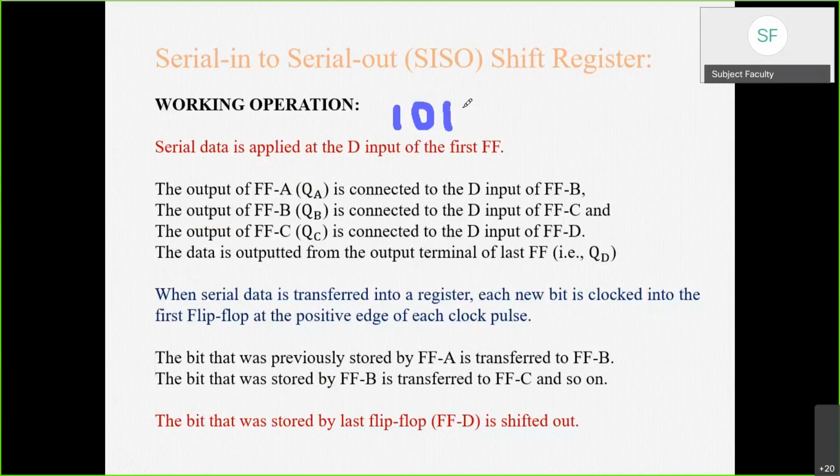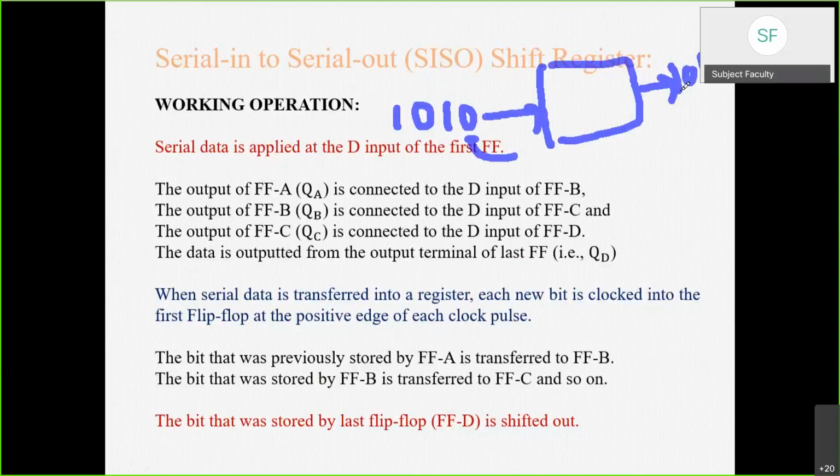These 4 bits you are sending to the shift register. Then these bits will be transmitted one by one. When you transmit 0, at the output you will get 0. Then when you transmit 1, you will get 1, 0, 1.